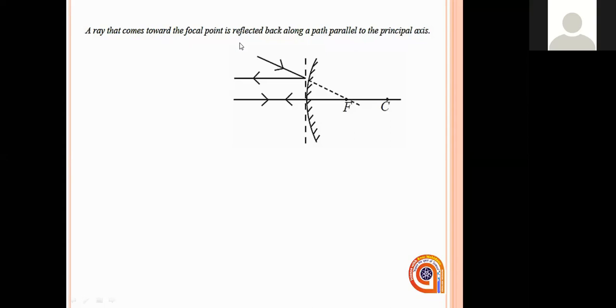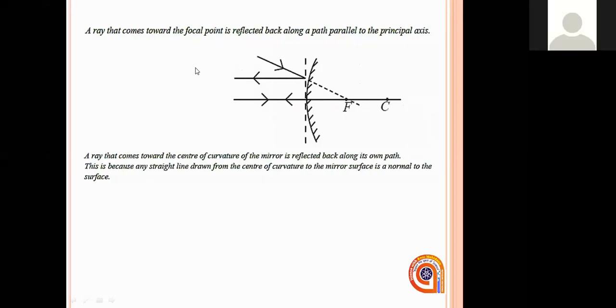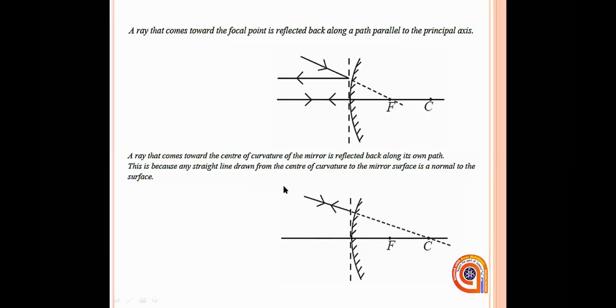Now it comes towards the focal point, it reflects parallel to the principal axis. And the fourth point is, if it comes towards the center of curvature, it moves away from the center of curvature. You can see all these lines are drawn virtual because that is behind the mirror. So these are the 4 points that we are going to take, and unlike in concave mirror, convex mirror gives you only one sort of image diagram.